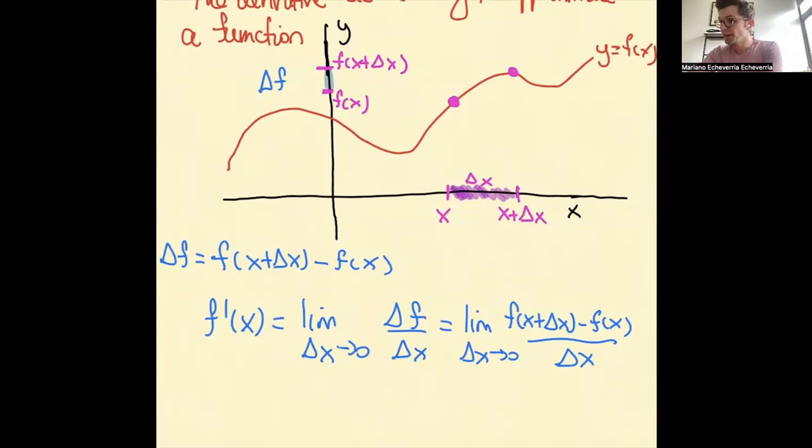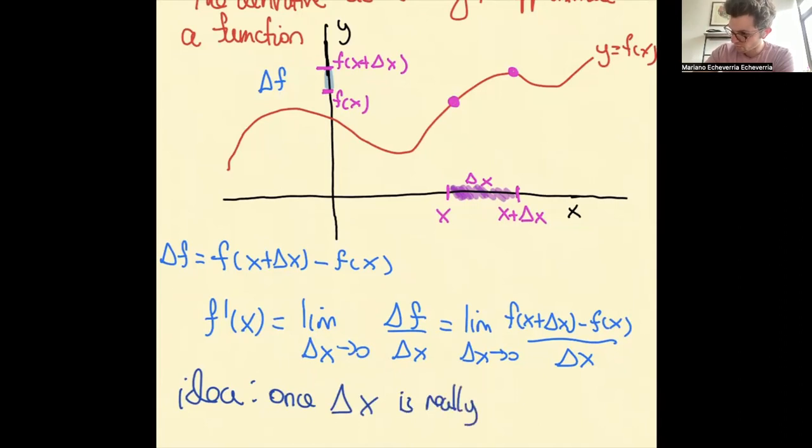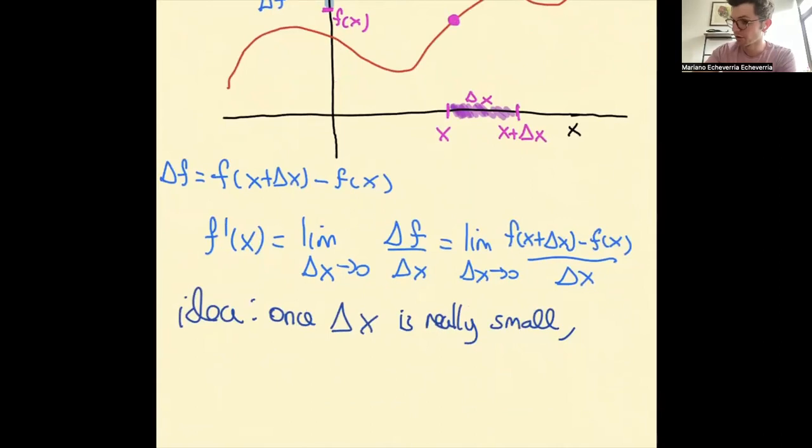So the idea here is that once delta x is really small, delta f divided by delta x will approximate the value of the derivative.